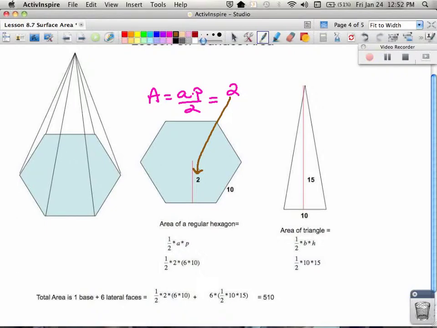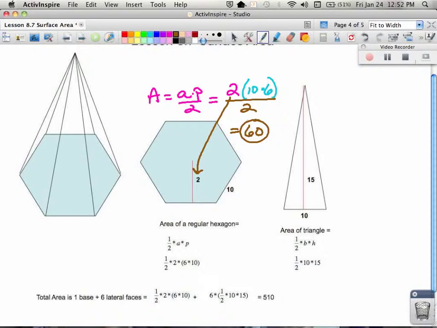If I want to find my perimeter, it's going to be one side length, which we see here to be 10, times the number of sides that I have, and since it's a hexagon, that's 6, and then we divide all of that by 2. And in the end, we get a grand total of 60. So the area of my base, in other words this hexagon, is 60.